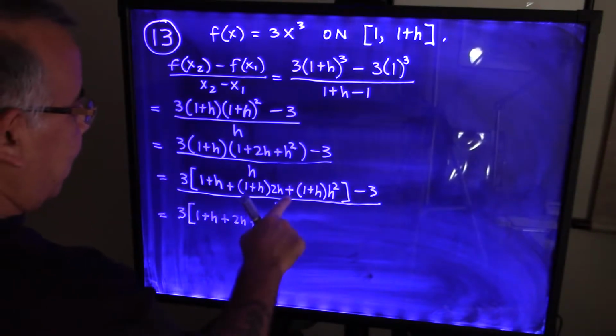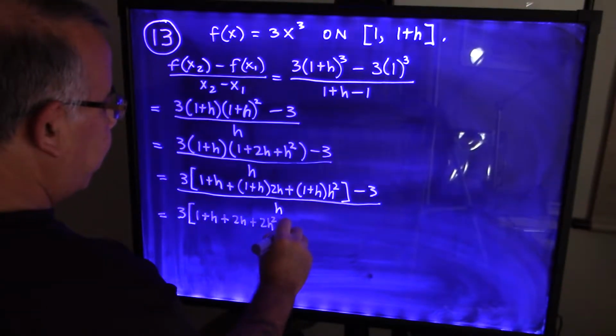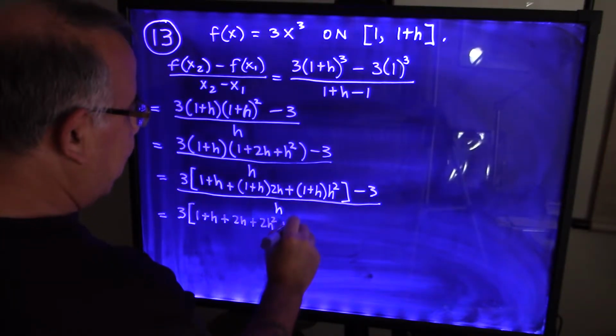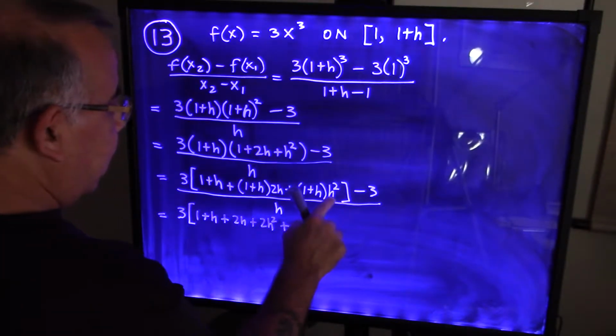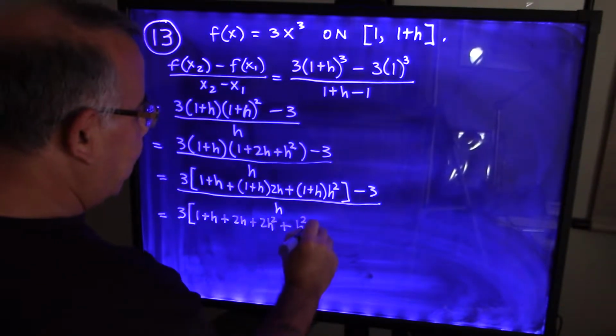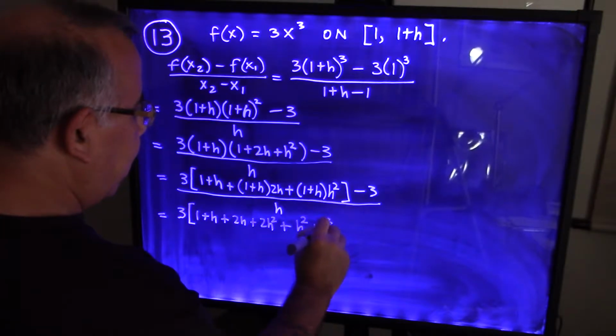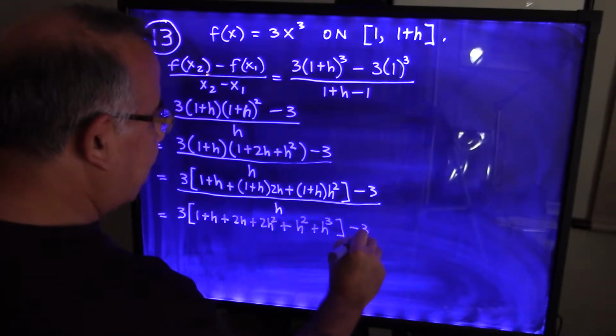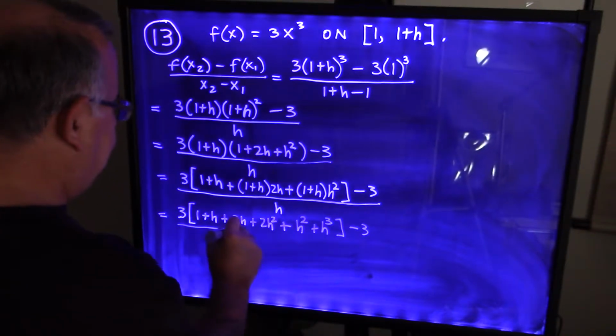Alright, now, plus h squared, distribute that through. h squared times 1 is h squared. h squared times h is h cubed, so that's plus an h cubed. I could have used parentheses here, but I'll just keep using the brackets because that's what I started with.